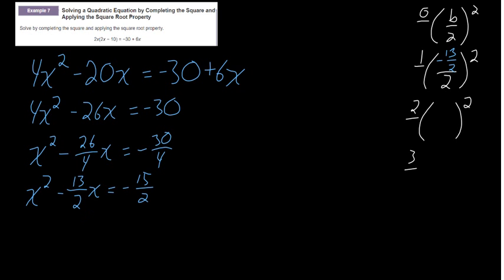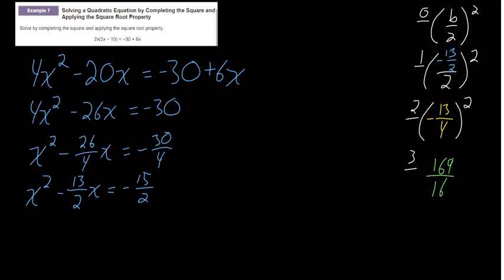Okay, so negative 13 halves. Negative 13 halves divided by 2 is negative 13 over 4. And negative 13 over 4 squared is a positive 169 over 16.